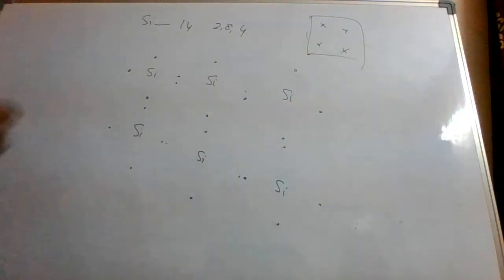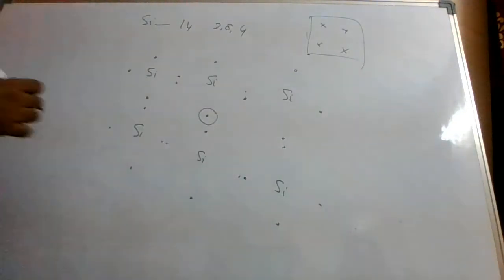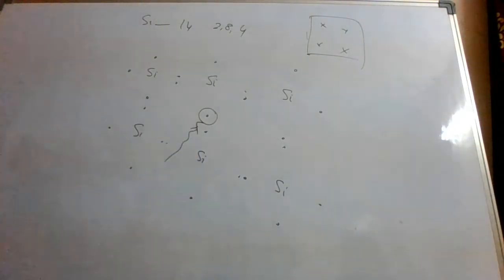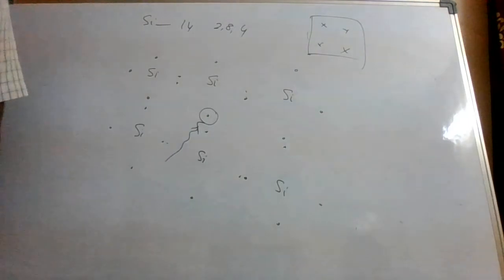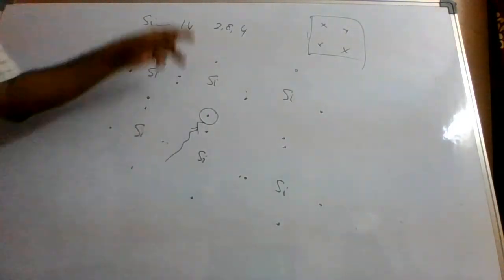Why this system will behave like a semiconductor, that we will see now. Suppose I target this particular electron. What do I do? I give some energy to, let us say, this particular electron. What will happen? Right now this is in the valence band. Now it will move to the conduction band.